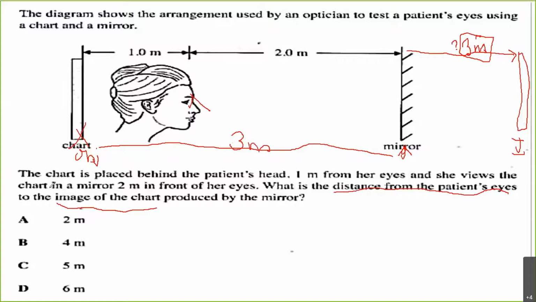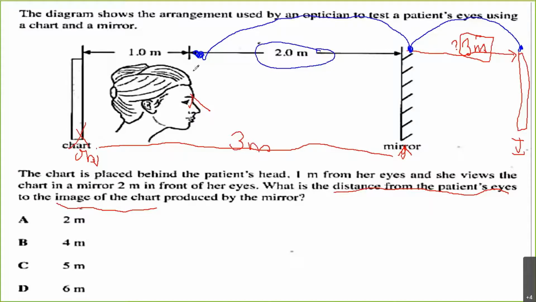6. So here I am. I'm at the image right now. I'm going to go 3 meters from the image to the mirror, and then I'm going to jump again to get to the patient's eyes. How far did I move? Oh, 5. Right, 3 plus 2.